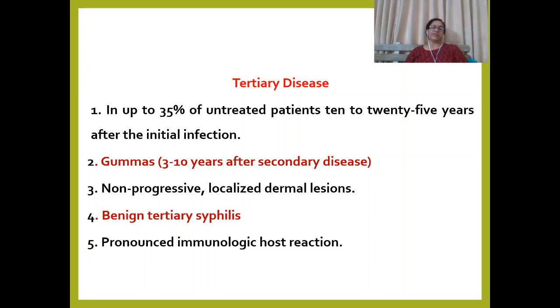One can see lesions in that part, which are called gummas. So in the first case, chancre, secondly, condylomata, and third one is gummas. So after 3 to 10 years after secondary syphilis, one can observe these gummas in different body parts.